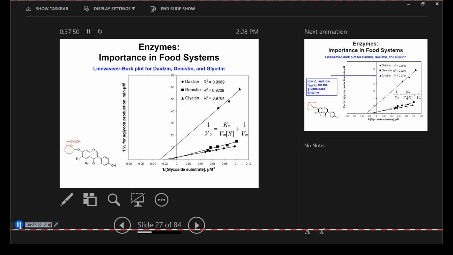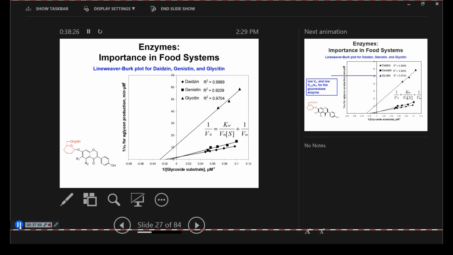Km is the intercept here, or 1 over Km is the intercept, and here 1 over Vmax is the intercept. So the glucosidase enzyme has the least affinity to which of those, or the highest affinity to which of those? Vaidi, you want to give it a go? Glycitin is the least. Least bioavailable, yes.